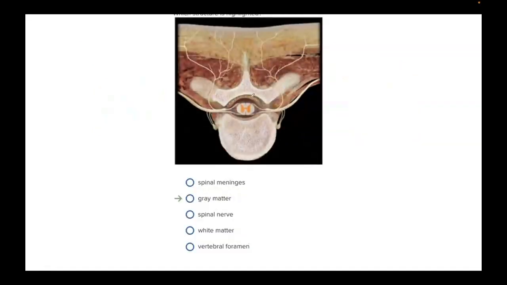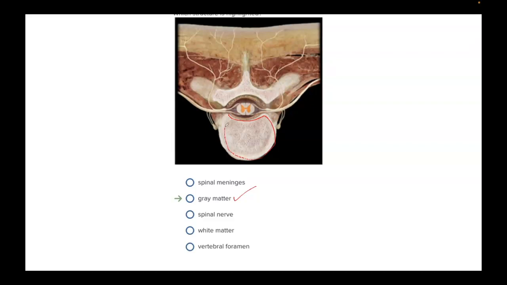So now this came up before on some of the McGraw-Hill Connect quizzes. So what we see is the letter H in the middle, spinal cord. That is gray matter. Now, we could go as far as identifying dorsal horns, dorsal roots, ventral roots, because what we're seeing here is the vertebra, right?